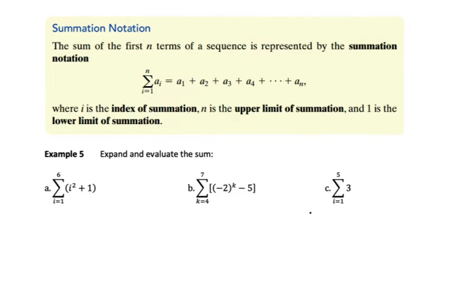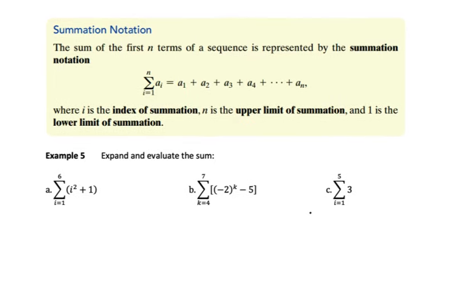Our second type of notation is summation notation. Summation notation is represented with the Greek letter sigma, which sort of looks like an E with a triangle thing in the middle. When we have summation notation, we have a number below the sigma, and it will say I equals, or it could be J or K. Those are the letters commonly used.